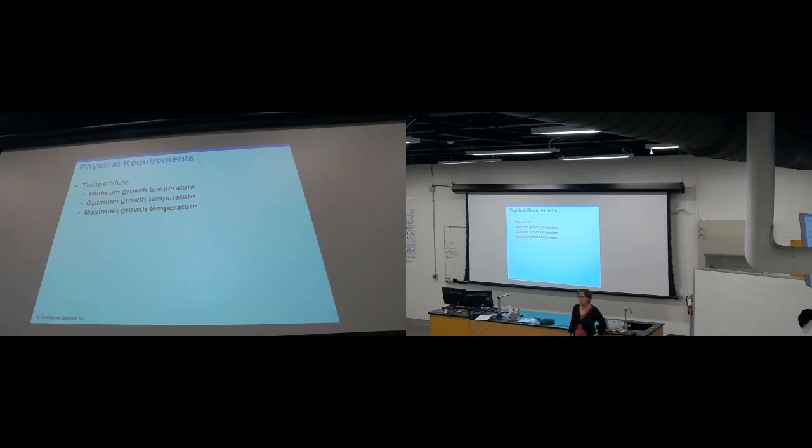But they can have a minimum growth at the lowest temperature that they can tolerate, and a maximum growth temperature within a range. The maximum growth temperature is the maximum temperature that the bacteria can grow in, while the minimum growth temperature is the minimum temperature in which the bacteria can grow. And the optimum growth temperature is the best temperature for the bacteria.